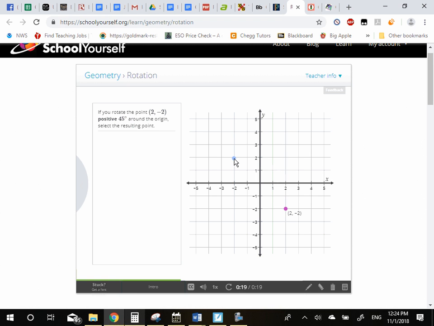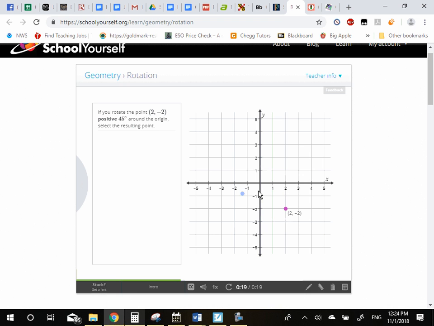Remember, we're going 45 degrees from where this purple point is around the origin. So how far around is this whole thing? 360. So 45 is going to be, and then how far apart are these two axes here? 90. So what's 45 going to be? Half of that?